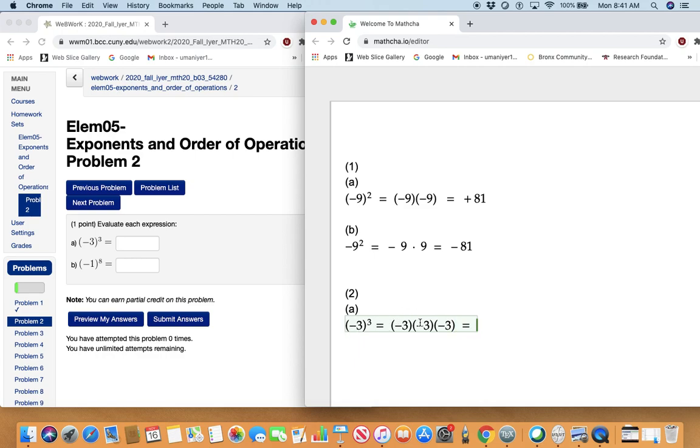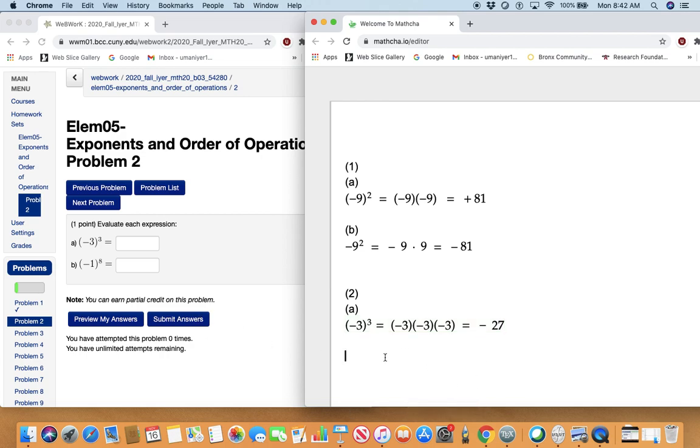Note, negative times negative times negative is a negative. 3 times 3 is 9, 9 times 3 is 27. I hope you understand why it's a negative: 2 negatives make a positive, and then you have a negative. So overall negative.